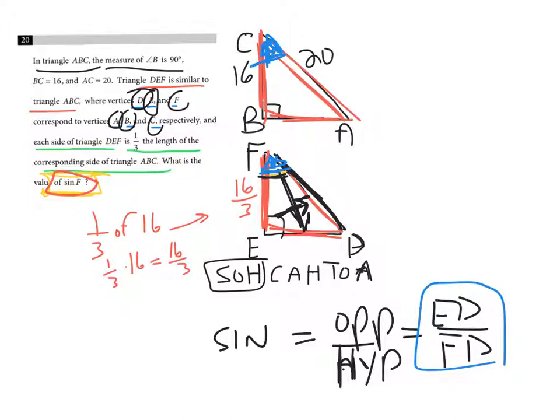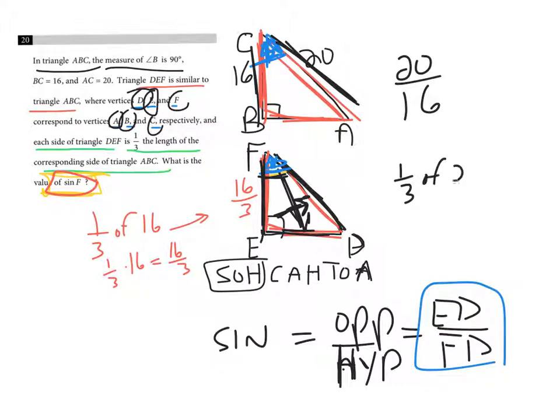If I do, for example, 20 over 16, since this bottom triangle is 1/3 the top triangle, it's basically going to be 1/3 of 20 over 1/3 of 16, which is basically equal to the same ratio of 5 to 4.